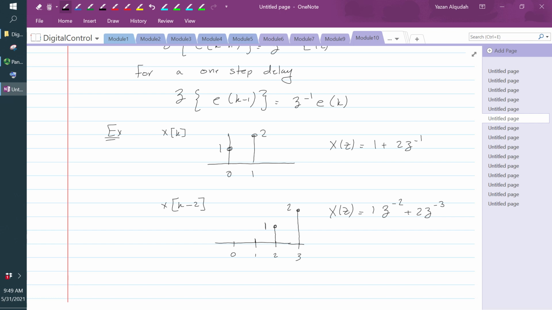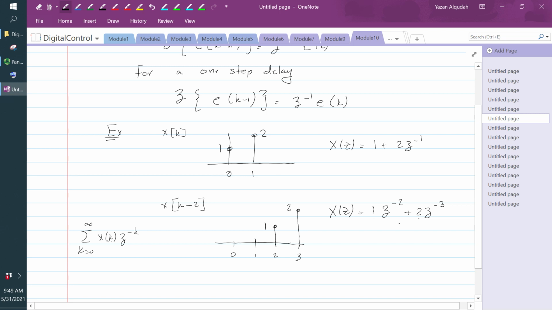X of z is the summation from k equals 0 to infinity of x of k z to negative k. So here I have k equal to 2, x of 2 is a 1 multiplied by z to negative k, z to negative 2. When k is equal to 3, x of 3 is equal to 2, which is this 2, multiplied by z to negative k, and k is 3, z to negative 3.